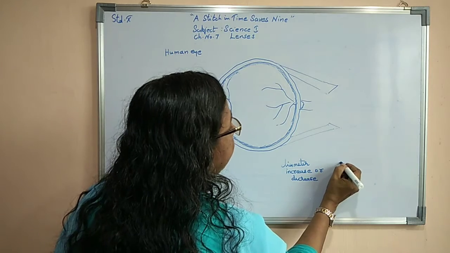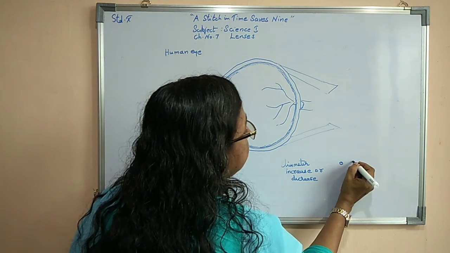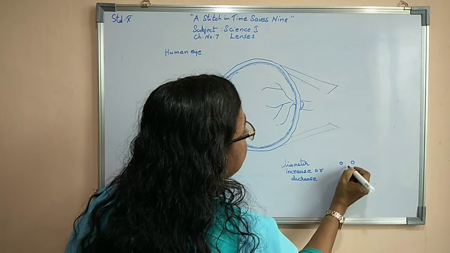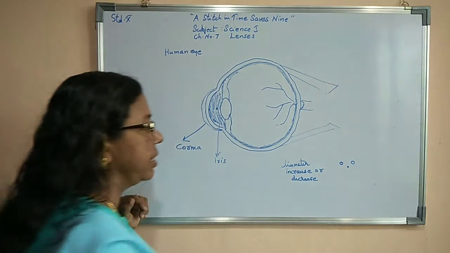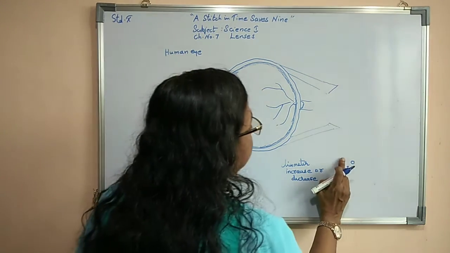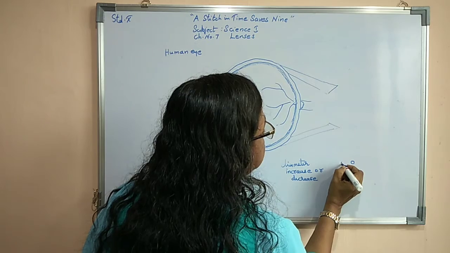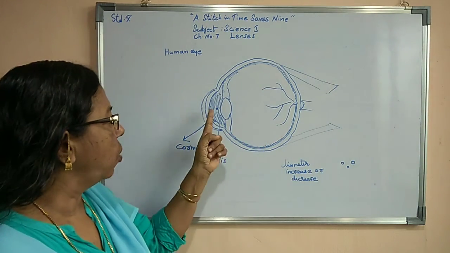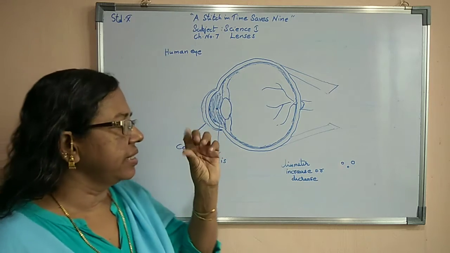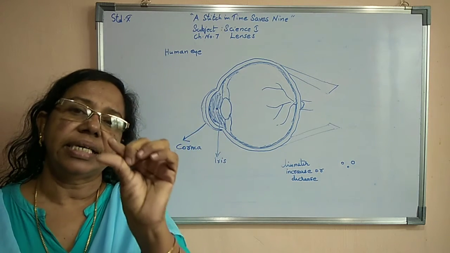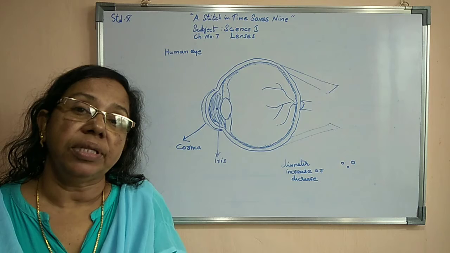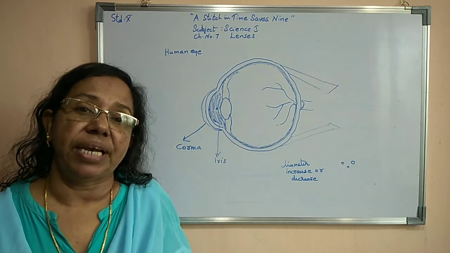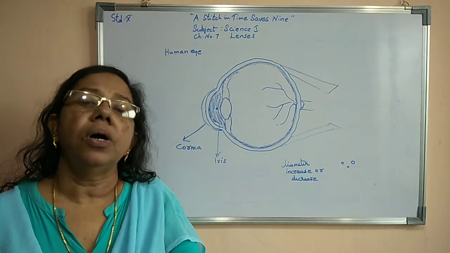Now we can see that this hole is there. Sometimes its size may become a little larger, sometimes a little smaller, so I am making it a little more medium. So the size of this hole can increase or decrease depending upon the intensity of the light, either bright light or dim light.